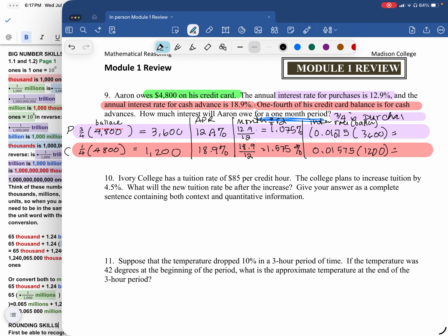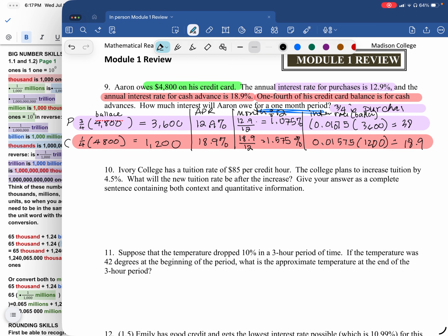And we will get 38.7 for purchases, and 18.9 for cash advance.